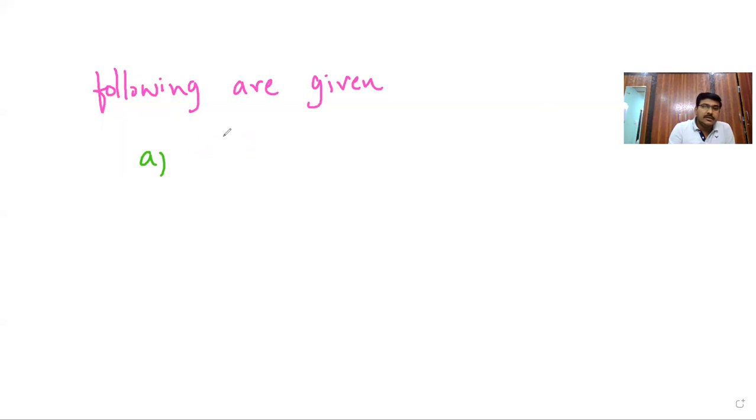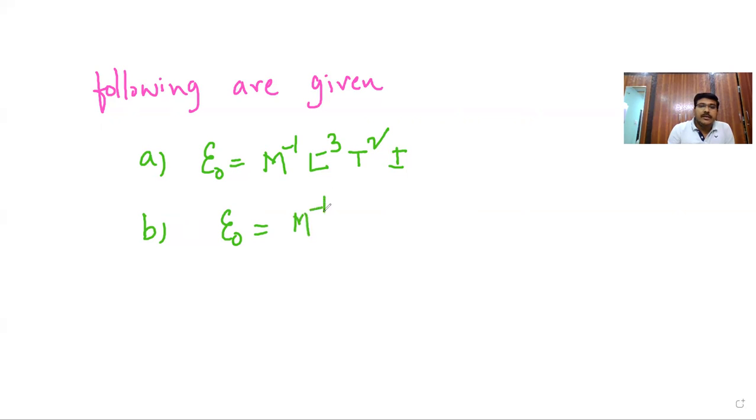The first option he has given is epsilon is equal to M to the power of -1, L to the power of -3, T square and I. The second option he has given is epsilon is equal to M to the power of -1, L to the power of -3, T to the power of 4, be careful, T to the power of 4, I current square.